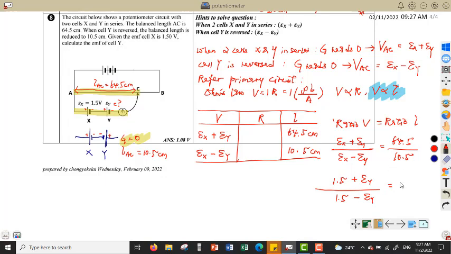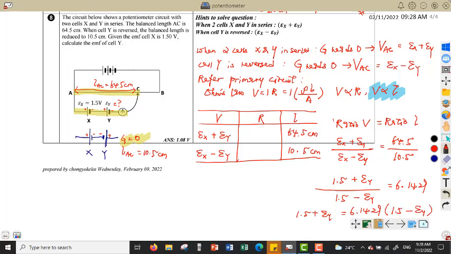I solve this one, I get around 6.1429. Then I solve it using mathematics. So 1.5 plus EY over 1.5 minus EY equals 6.1429.